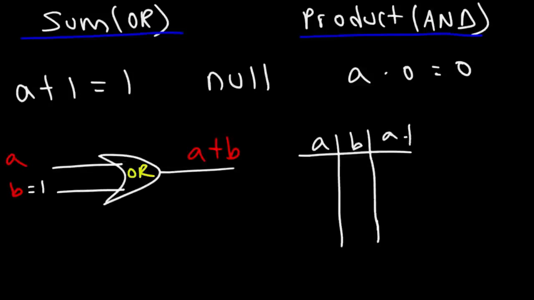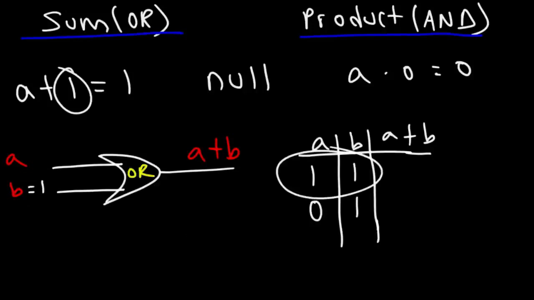Now remember, the output will be a 1 if either input A or input B is in the on state. So A could be 1 or 0. B is always 1. So this is B. So if A and B are both in the on state, then this logic gate will be on.